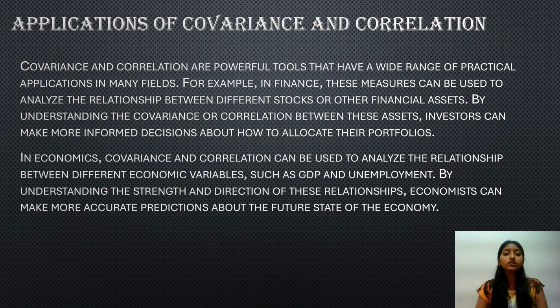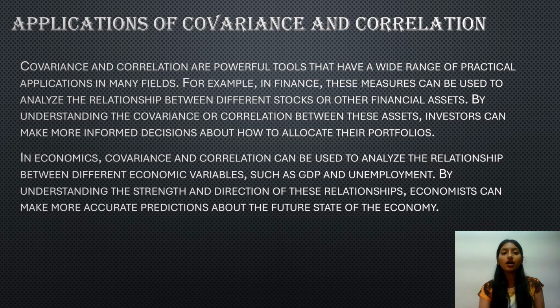In economics, covariance and correlation can be used to analyze the relationship between different economic variables such as GDP and unemployment. By understanding the strength and direction of these relationships, economists can make more accurate predictions about the future state of the economy.